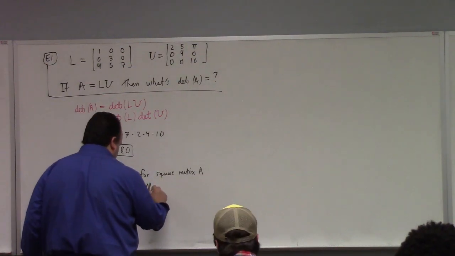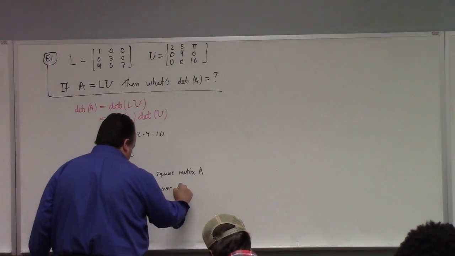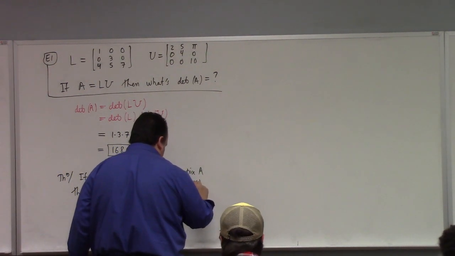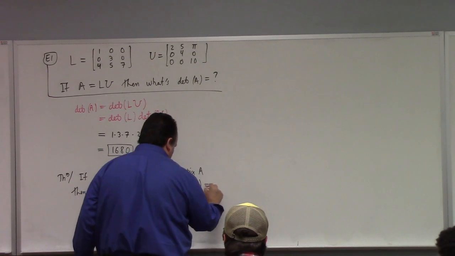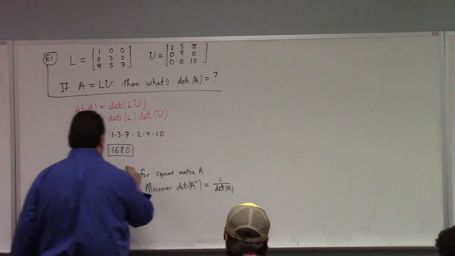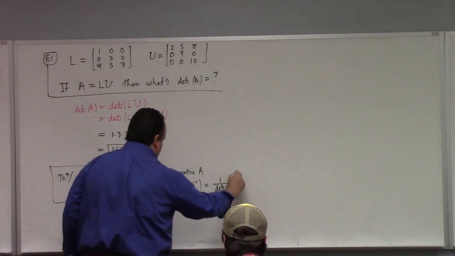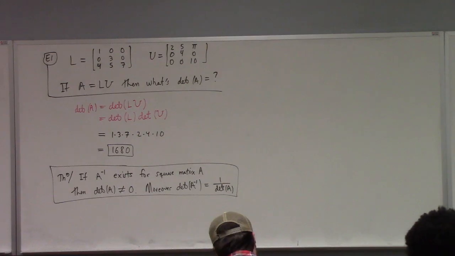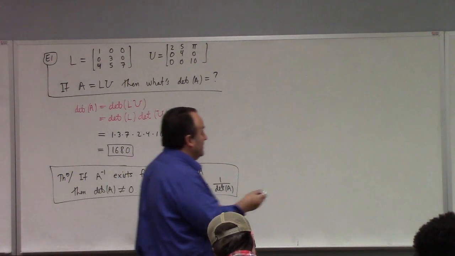Moreover, the determinant of A inverse is actually equal to 1 over the determinant of A. This is a theorem we can easily prove from what I have already claimed. So here's the proof.